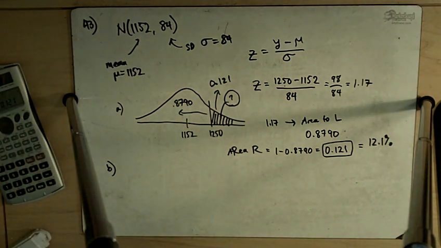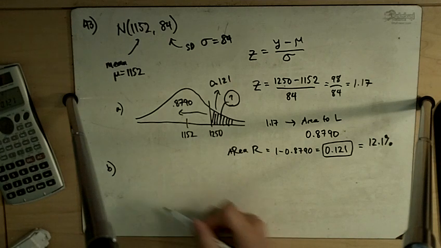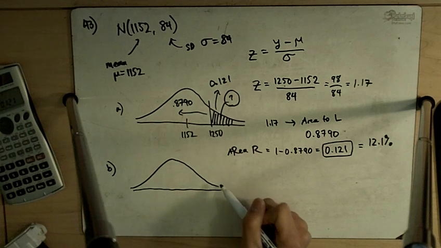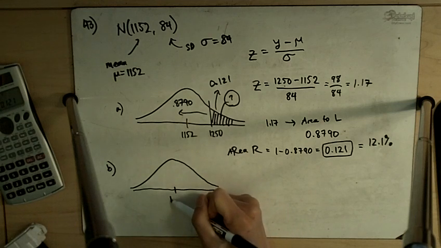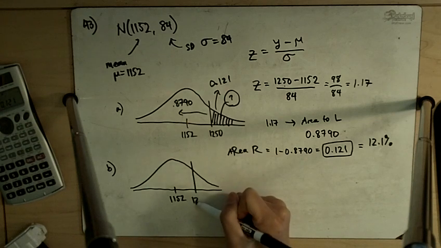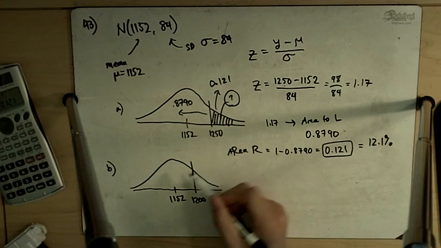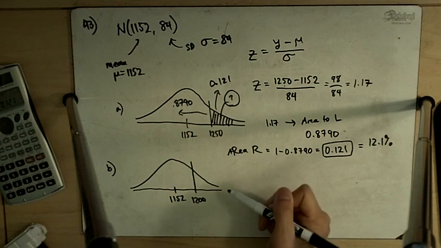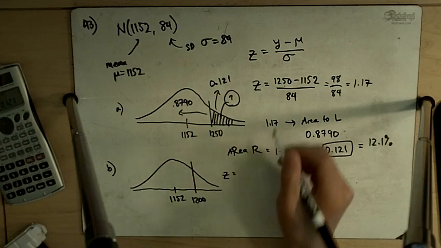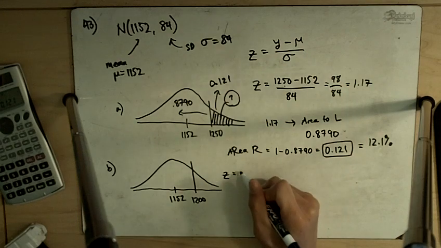Part B asks, what percent of steers weigh under 1,200 pounds? Here again, the center is at 1152. We go out to 1,200 pounds, which is greater than 1152, so we're on the positive side. Again, we find the z-score: z equals y minus mu divided by sigma.